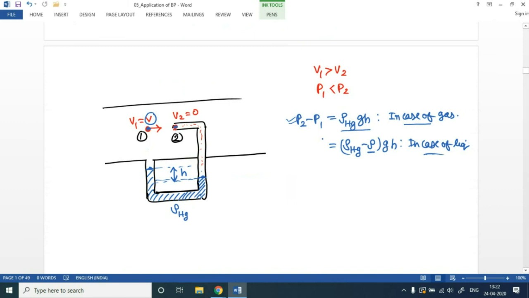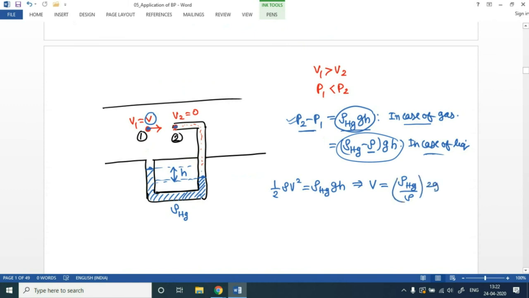P2 minus P1 we have measured, and using Bernoulli's principle between point 1 and 2, this P2 minus P1 is going to be equal to half rho v squared. So in case of gas, let's equate this: half rho v squared equals rho Hg into g into h, which gives v equal to root under (rho Hg by rho) into 2gh.